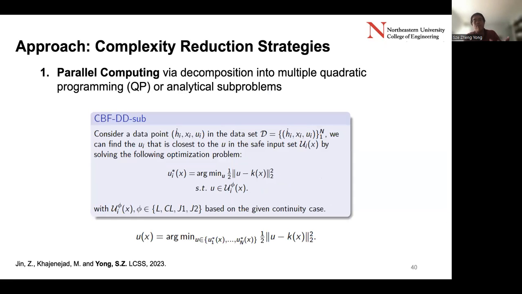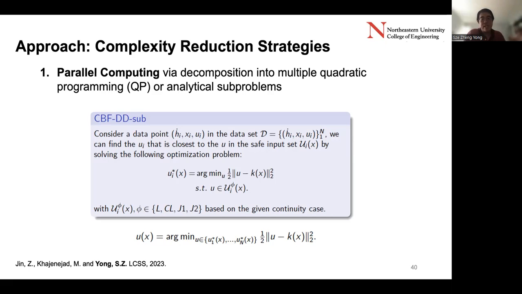So we also propose some complexity reduction strategies. First, we decompose the mixed integer quadratic programs into multiple quadratic programs that you can solve in parallel, and many of the times they have analytical closed form solutions as well, so they can be easily implemented.